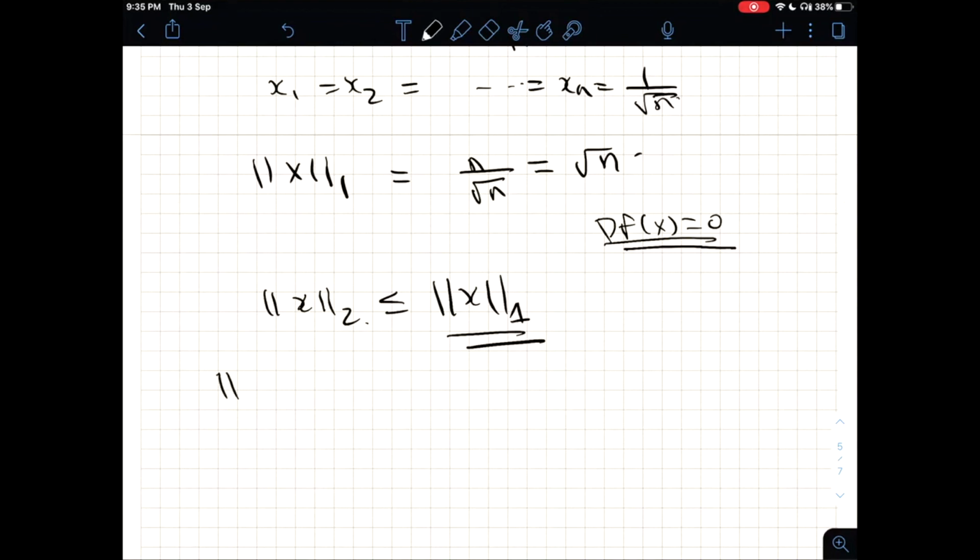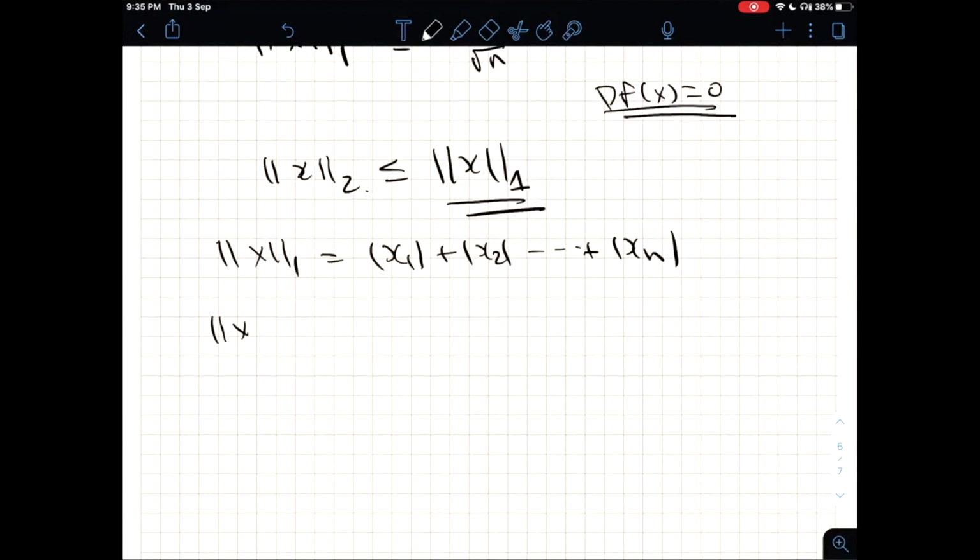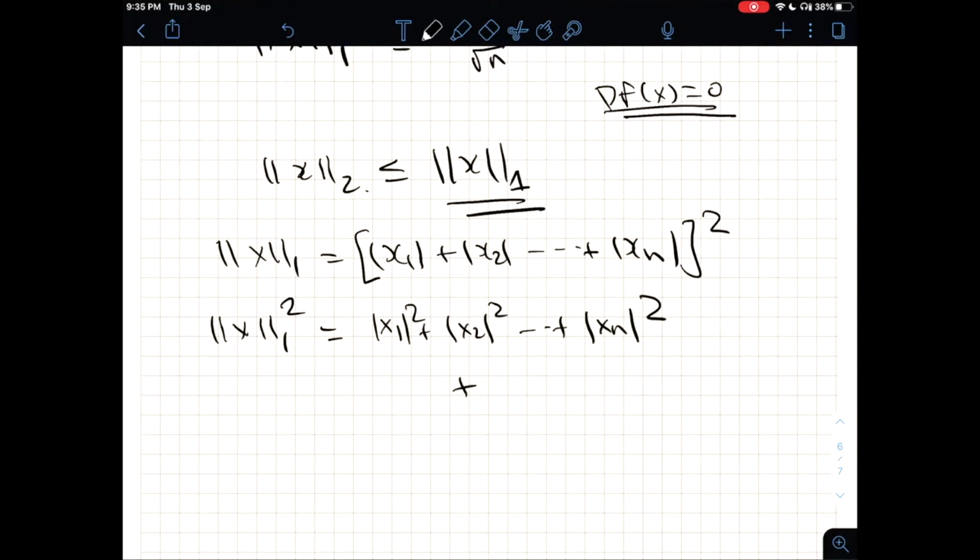So to do that, I go by the normal definition of the first norm, and then look at the square of it, which is like looking at this square plus this square up to this square, and then 2 times all possible second combinations between modulus of xi and modulus of xj, summing over i equal to 1 to n, j equal to 1 to n, and i not equal to j.